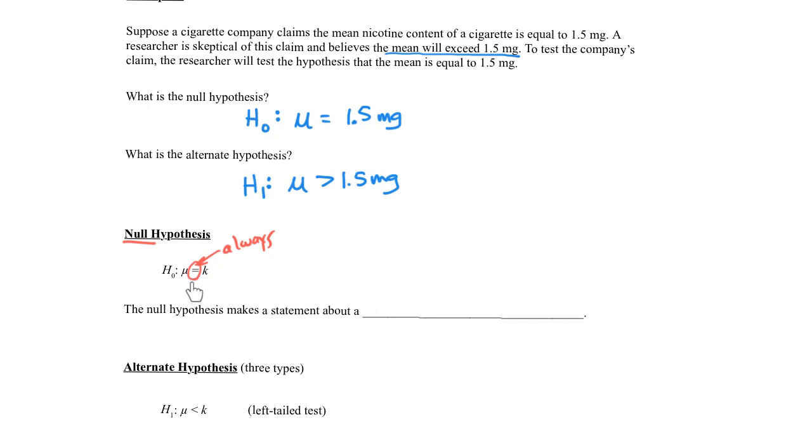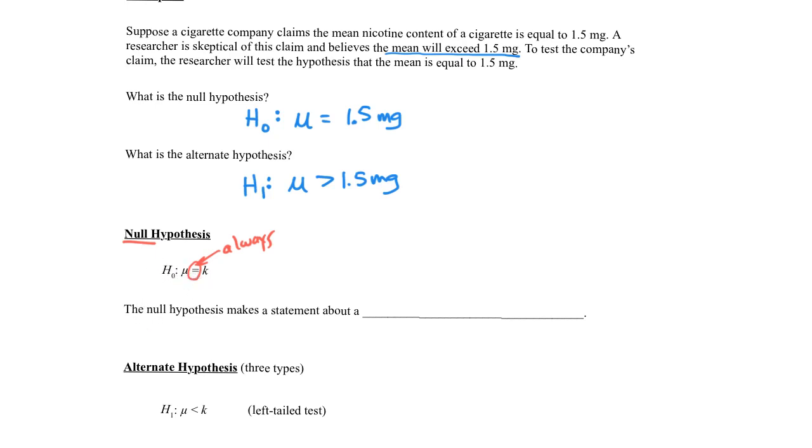That's true for our class always, and it's true in most cases generally speaking. There are some exceptions, but most of the time the null hypothesis will be, when you're testing the mean, mu equals some number.